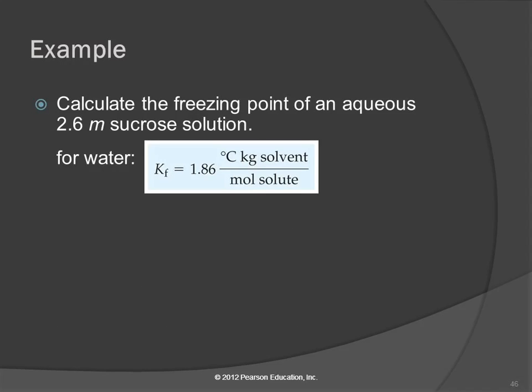So calculate the freezing point of an aqueous 2.6 molal sucrose solution. And we're told that for water, the freezing point depression constant, Kf, is 1.86 degrees Celsius kilograms solvent per mole solute. Crazy units, huh?